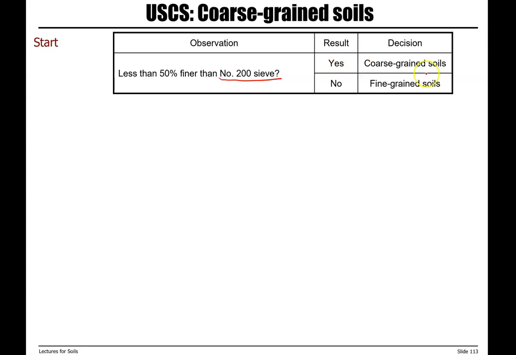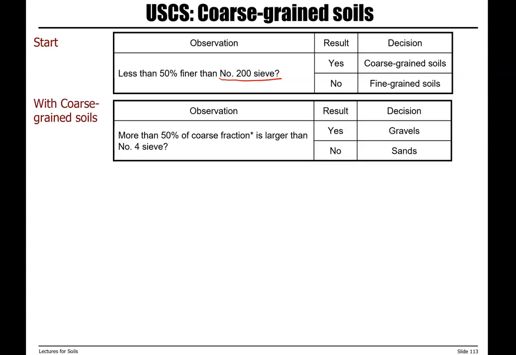If the answer is yes, you have a coarse-grained soil. If the answer is no, you have a fine-grained soil. Then you need to calculate coarse fraction larger than number 4, which is percentage of gravel divided by percentage of coarse material times 100.